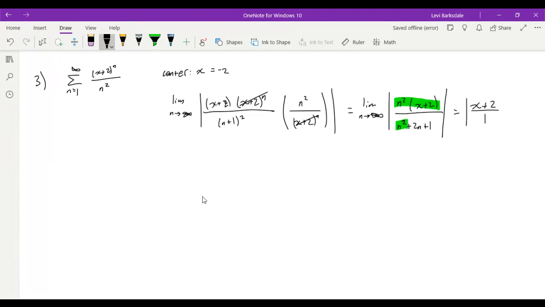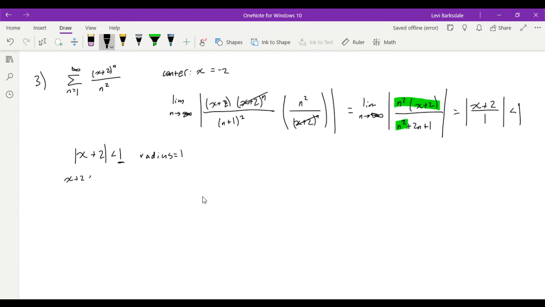On bottom your coefficient is 1, and that needs to be smaller than 1. Now, this 1 here would be our radius, which means our interval would be our center plus or minus our radius. We could also see that by solving this equation.